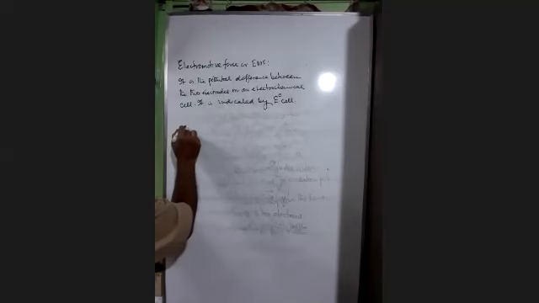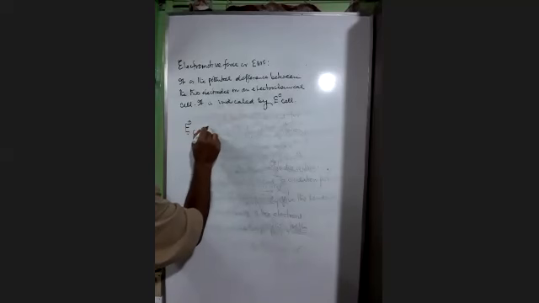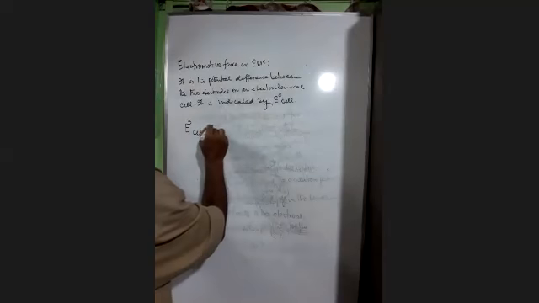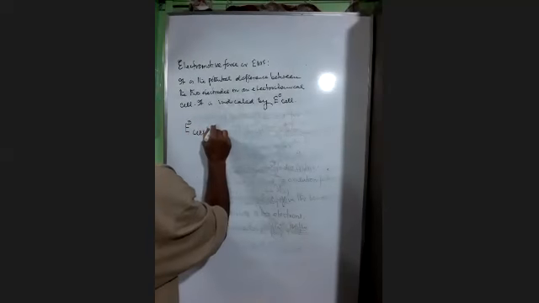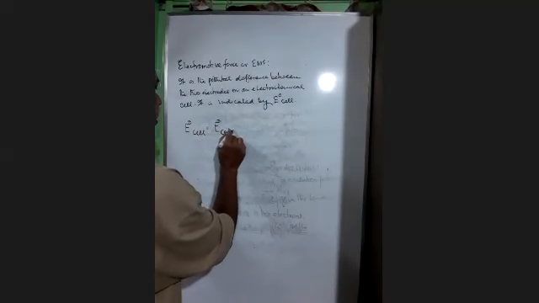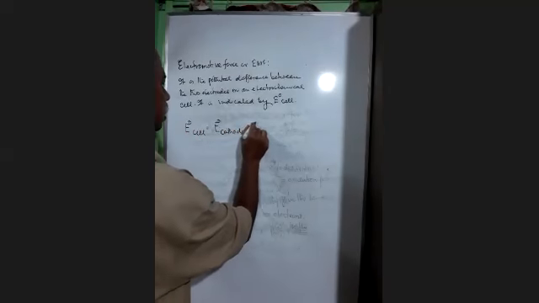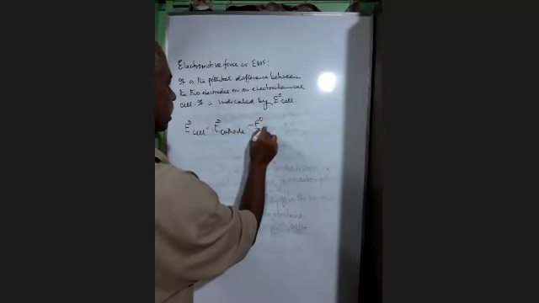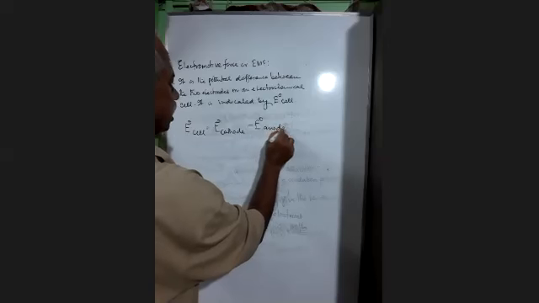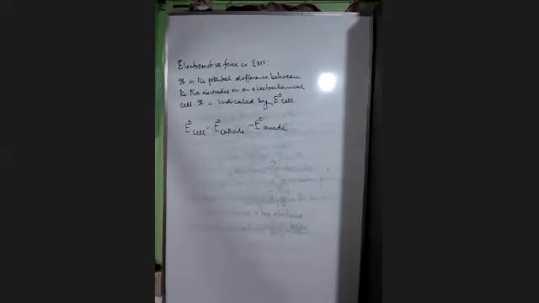All right, so I'll write down here E0 cell. We know the cathode is positive, so I'll write E0 cathode minus E0 anode.